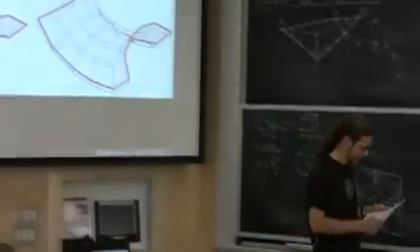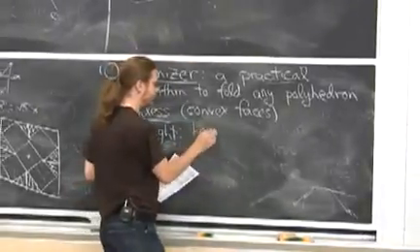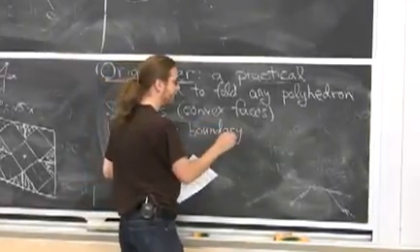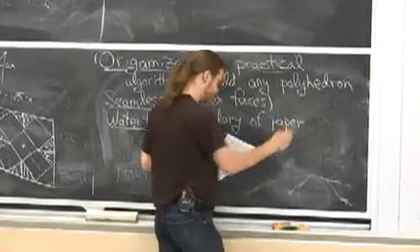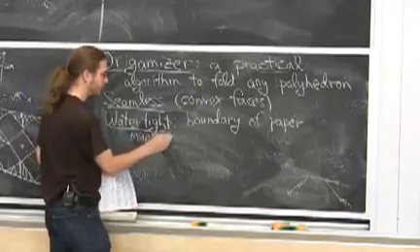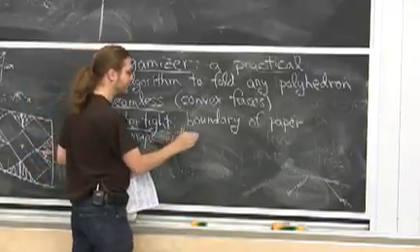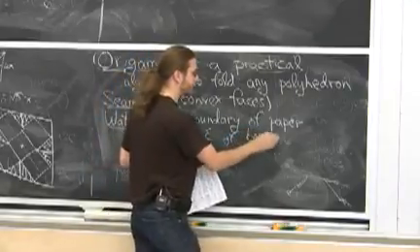All right, so that is the informal version of watertight. The formal version is the boundary of the paper maps within some tiny distance epsilon of the boundary of the surface, boundary of the polyhedron.